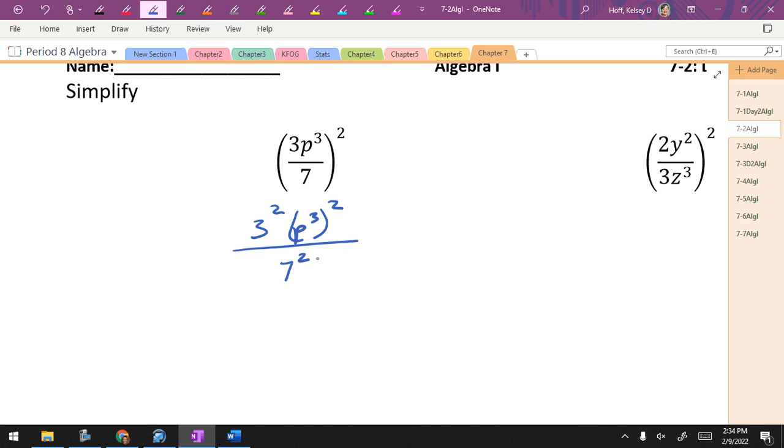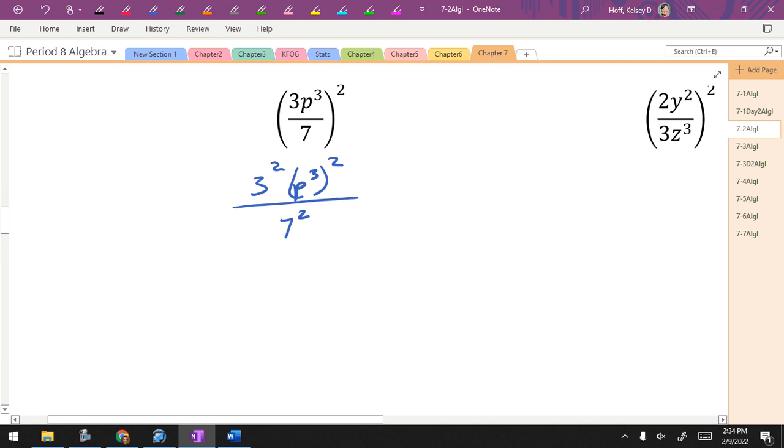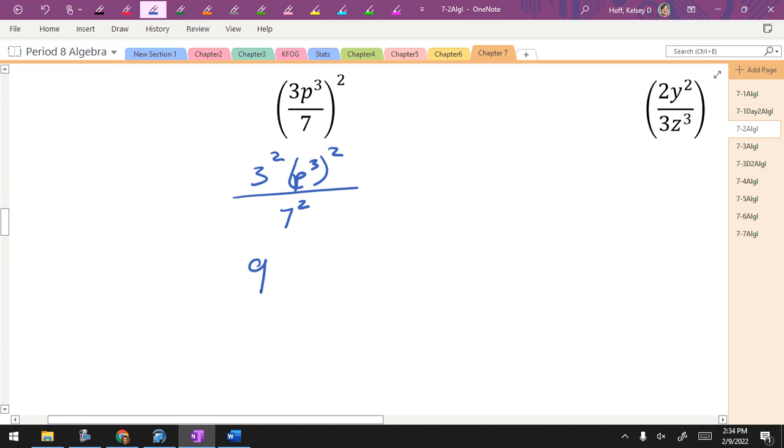Now, 3 and 7 are your coefficients, right? Okay, so 3 squared we actually want to calculate. 3 times 3 is 9. On your p, keep your base. What's your base? And what are you going to do to those exponents? Multiply 3 times 2. And then 7 squared is 49. So what is 3 times 2? 6.